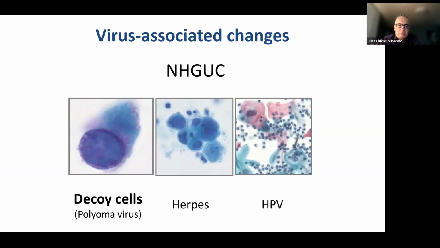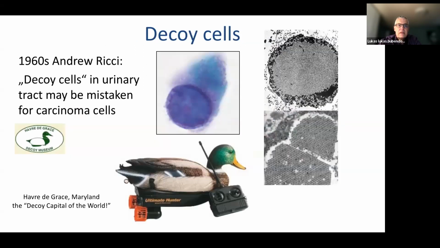People are more familiar with herpes infections from other organ systems. They're all negative for high-grade, and HPV koilocytes or cells from low-grade dysplasia can also be encountered. We usually make a comment about their significance, but it always goes as negative for high-grade urothelial carcinoma.